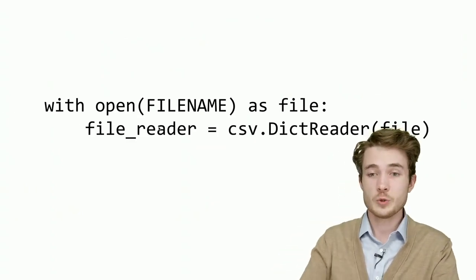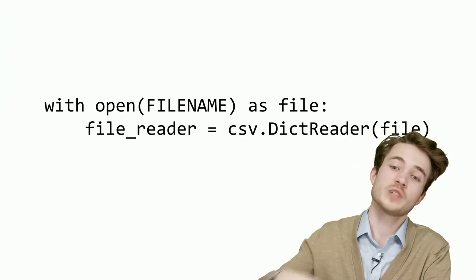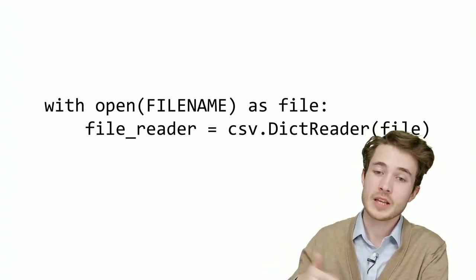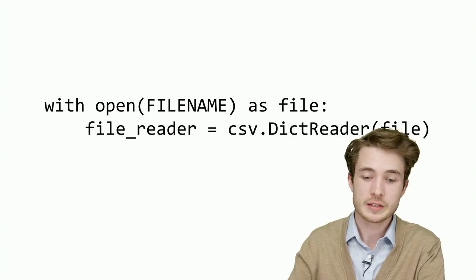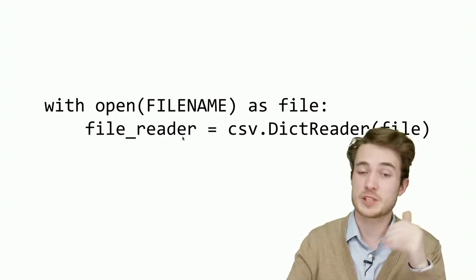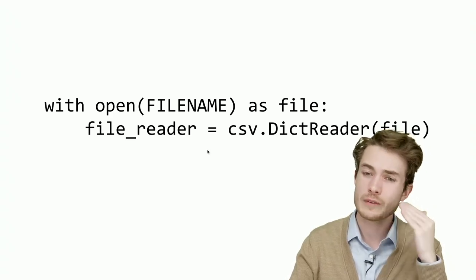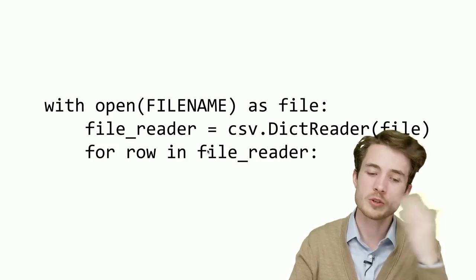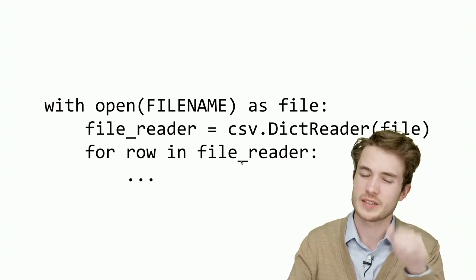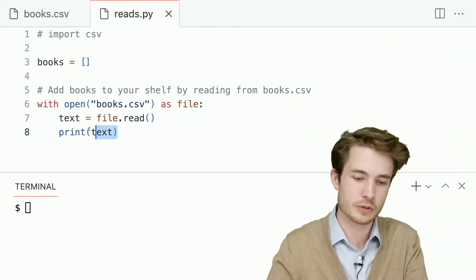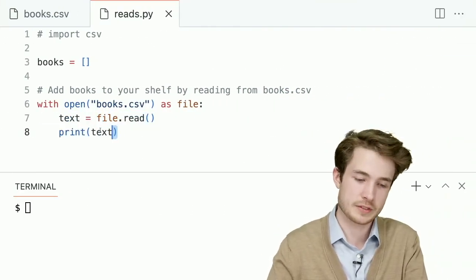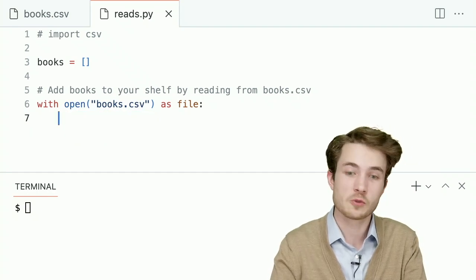We can use the CSV module to define a special way to read our file, and we can use it like this. We could say, give us a new file reader, this one special from the csv.DictReader function, and let's use that to go through every individual row in our file and do something for those rows. It's best shown by example here. If we go back to our code, let's not just read all the text. Let's get a special reader for our file.